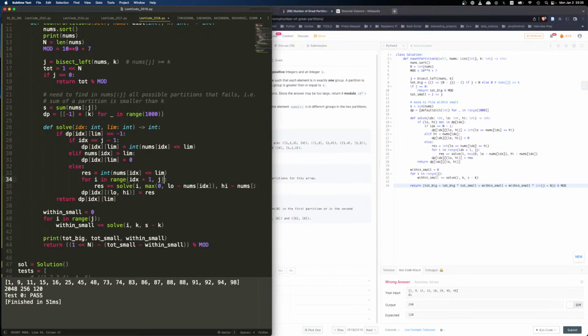And then from index + 1 towards the end, we solve with limit minus this. When we take this, I want to find out how many of these added together is smaller or equal to that. Yes. And then we can say this is also a limit.